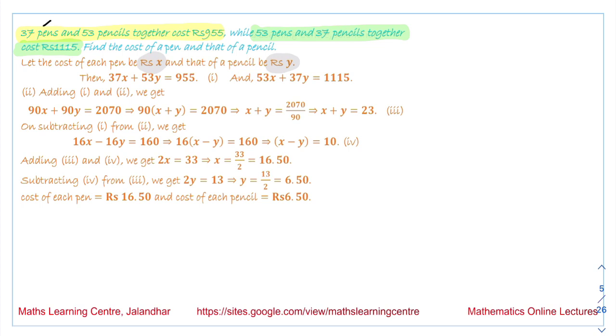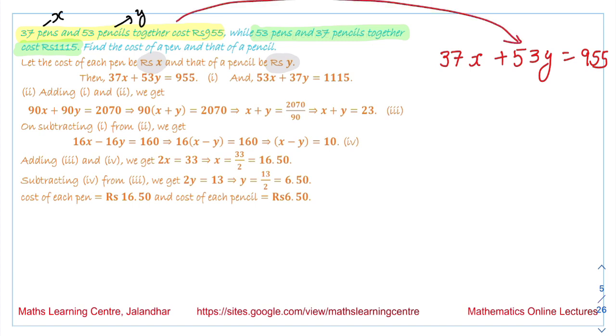So if the cost of a pen we say is x and a pencil is rupees y, the first equation we get is 37x plus 53y is equal to 955. And the second equation is 53x plus 37y is equal to 1115.